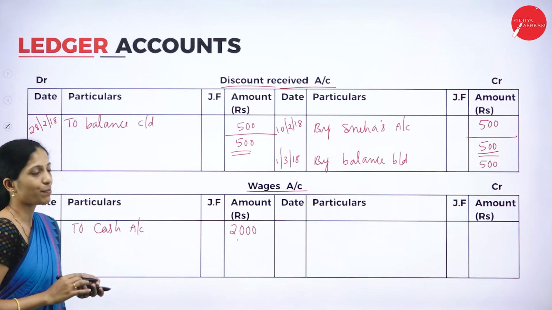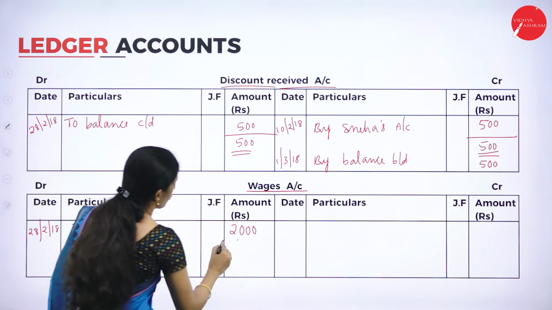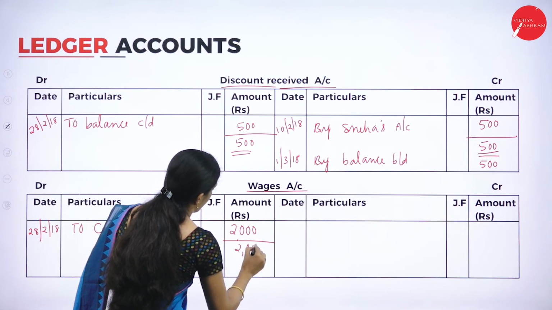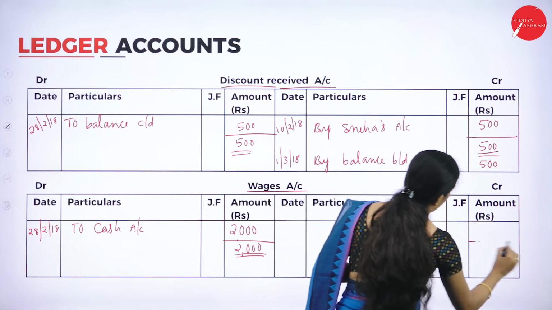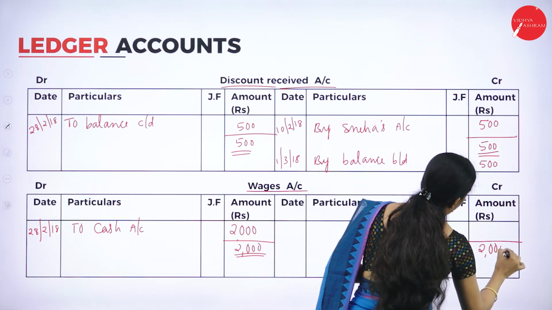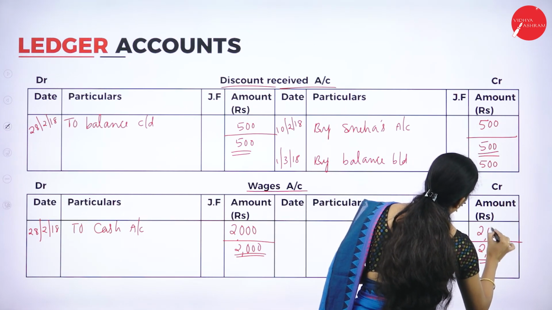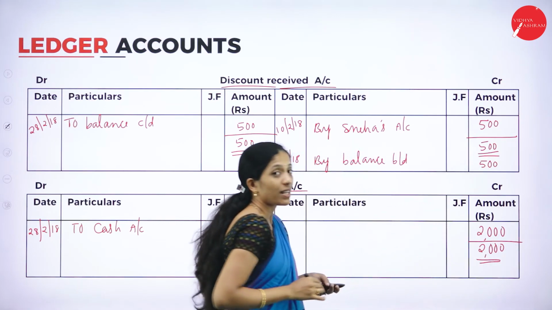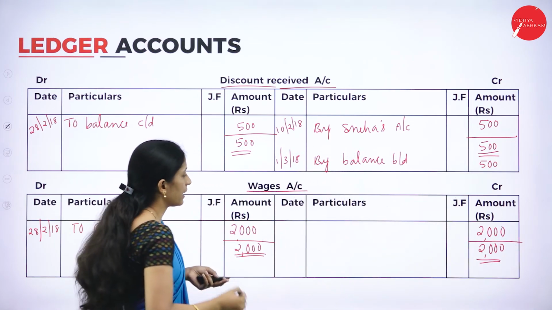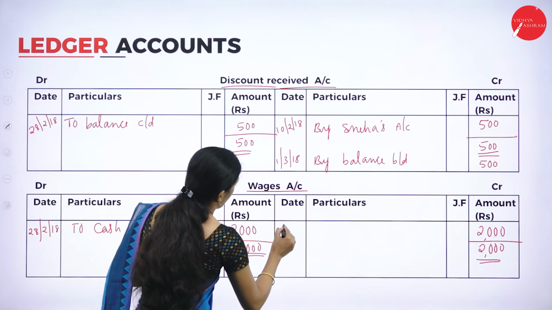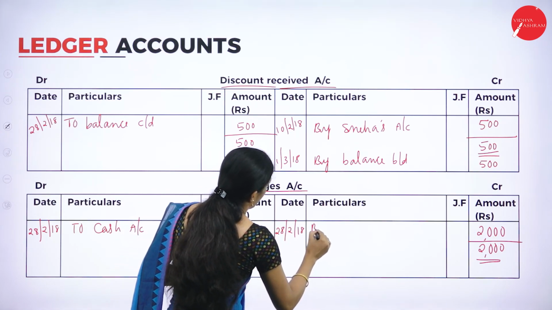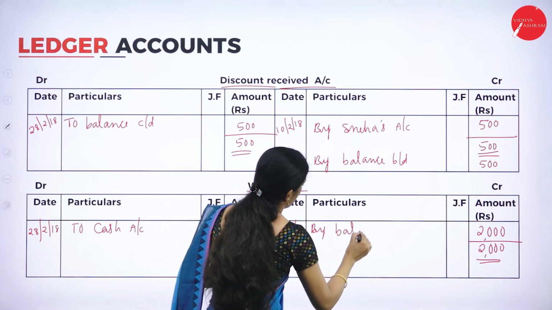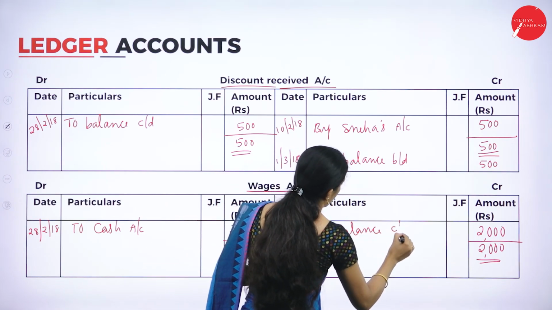So we have to balance both the sides. Here the debit side is 2,000, whereas the credit side is 0. So 2,000 is greater. Write 2,000 on both sides. 2,000 minus 0, so you get a balancing figure of 2,000 itself. What is this 2,000? Balance carried down, at the end of the month. 28/2/2018, by balance carried down.